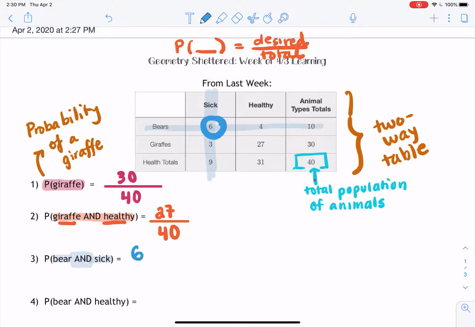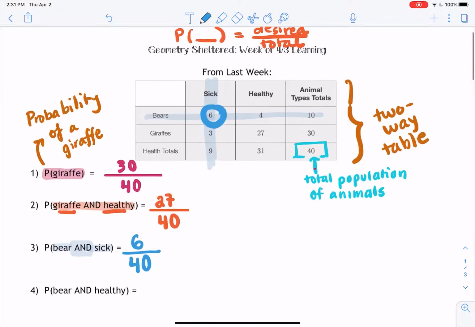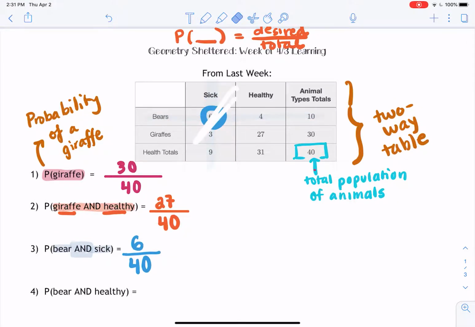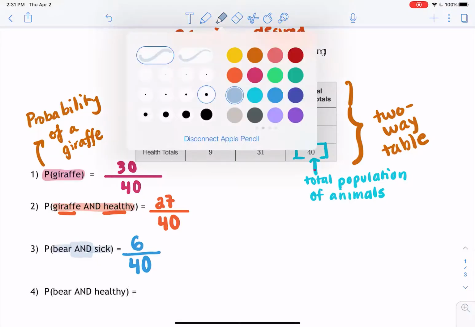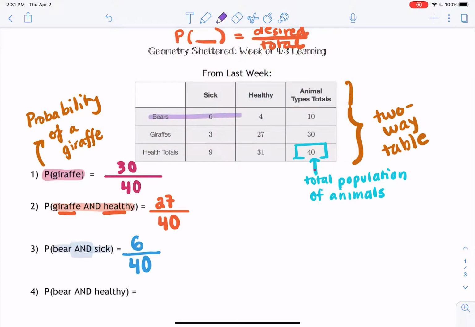So we have 6 in our desired, and our total population is still 40. What about bear and healthy? So we're going to look to bears, healthy. They cross over at 4. So 4 out of 40.